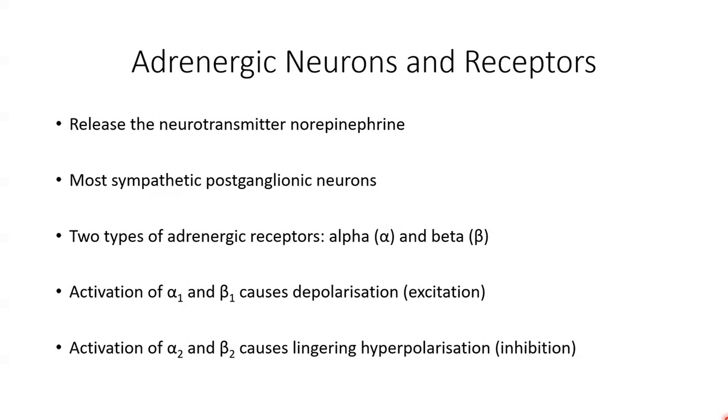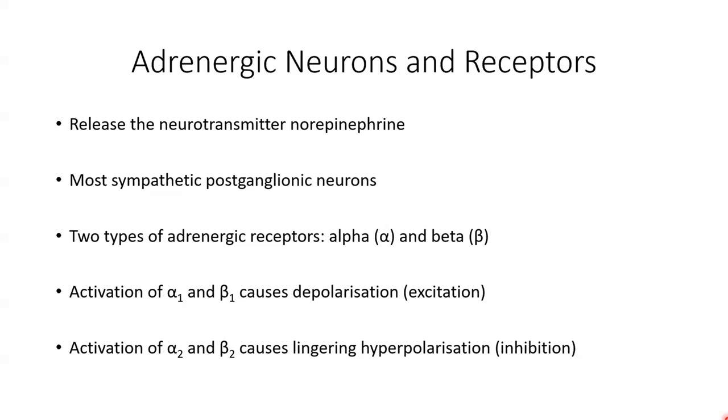And like acetylcholine, norepinephrine is stored in synaptic vesicles and released by exocytosis. Those molecules of norepinephrine diffuse across the synaptic cleft, and they bind to specific adrenergic receptors on the postsynaptic membrane, causing either excitation or inhibition of that effector cell.